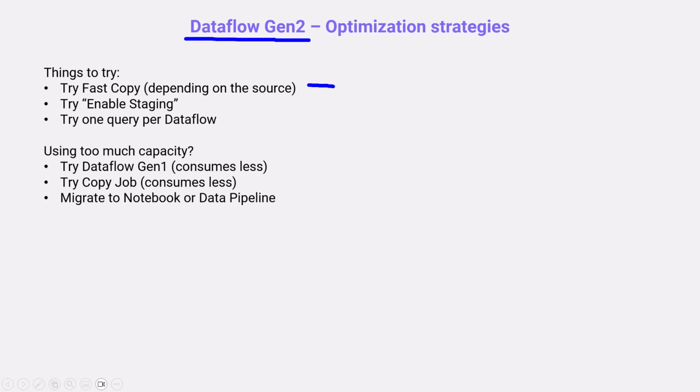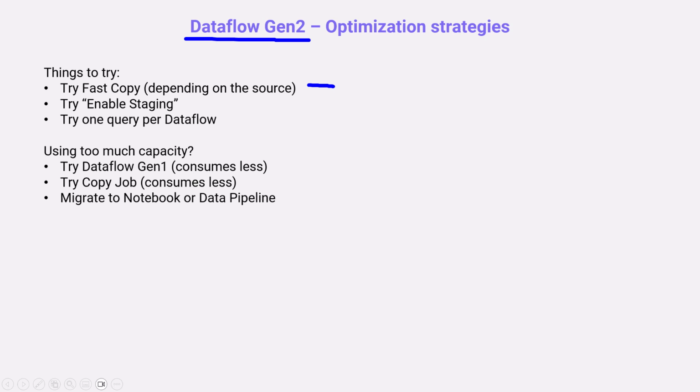The first thing to try is fast copy. So depending on the source of your Dataflow Gen2, where you're getting the data from, you can enable fast copy. You have to enable it from the settings of your Dataflow Gen2 first, and then you can right click on the query and click on enable fast copy.